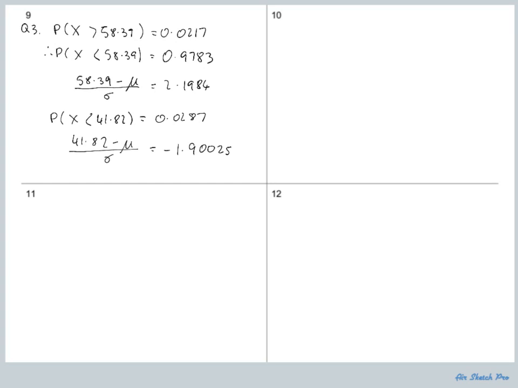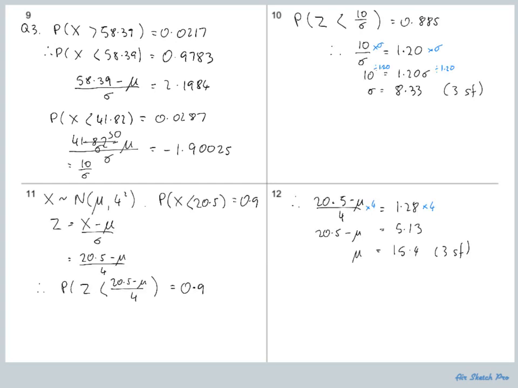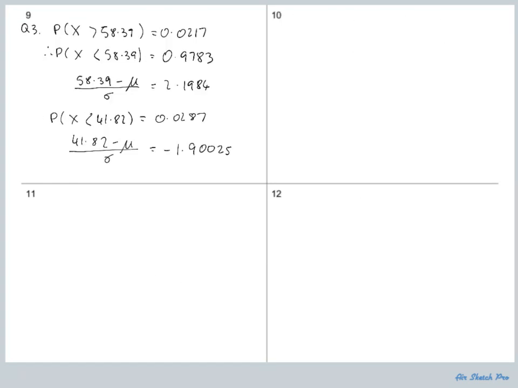So I'm now going to type in equation 1 here. So I'm going to label it. So from equation 1, I'm going to type in, oops, got to put it in brackets. Sorry. I'm sorry you can't see this, but I'm going to go bracket 58.39 minus.